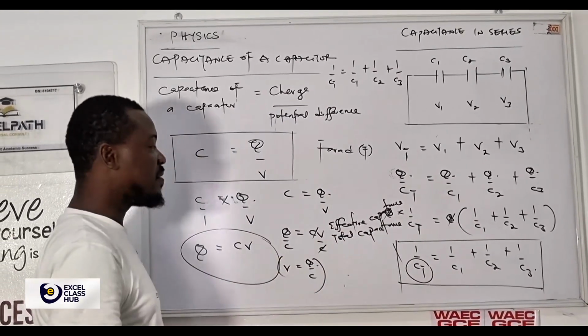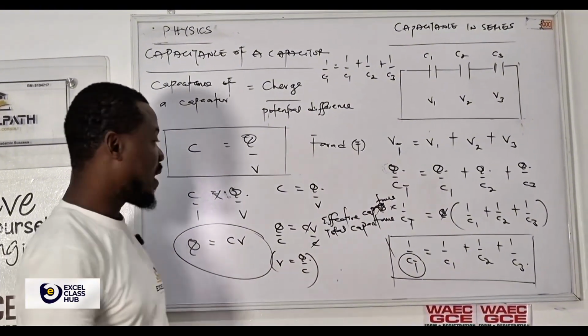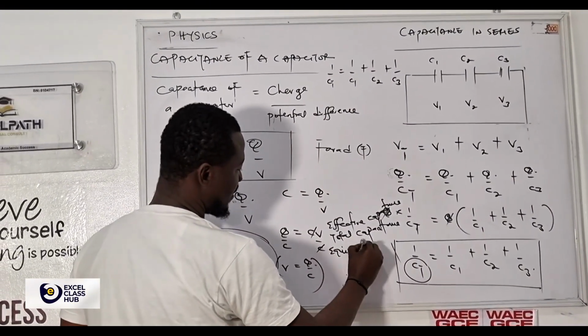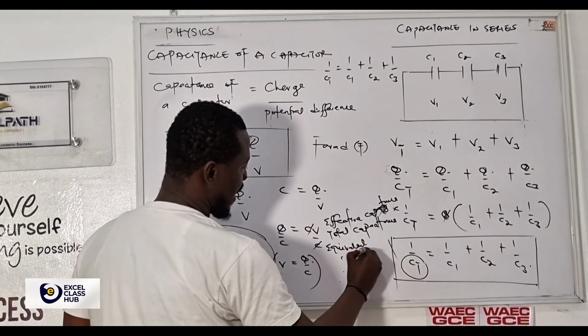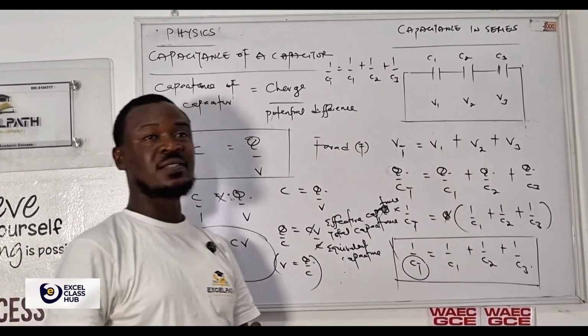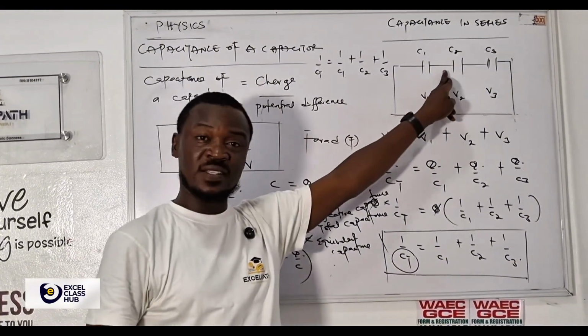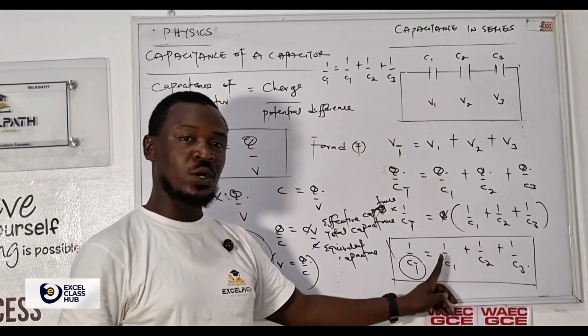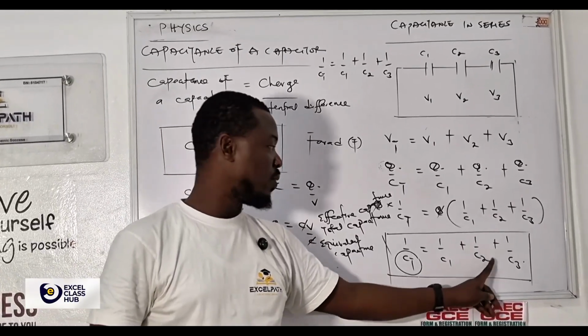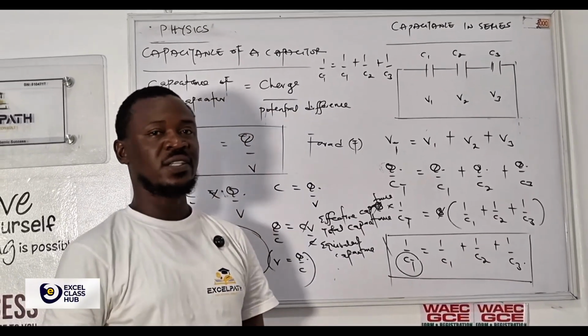If they do not use effective, they may use total. At the same time, they can still use equivalent capacitance. So this is your diagram for capacitance in series, which the formula is 1 over C1 plus 1 over C2 plus 1 over C3.